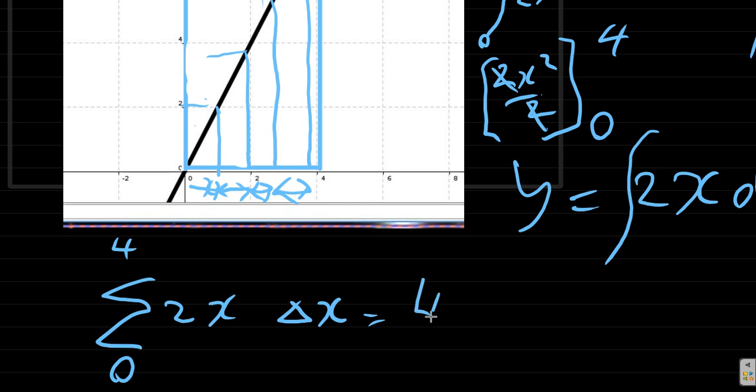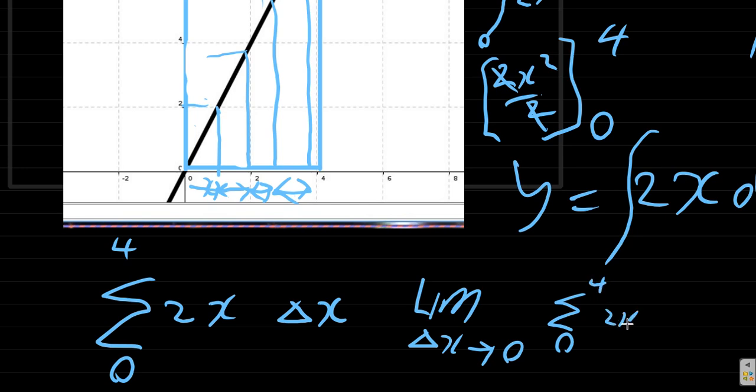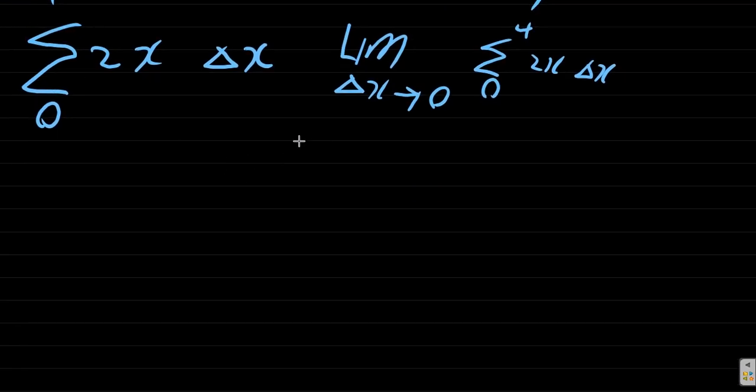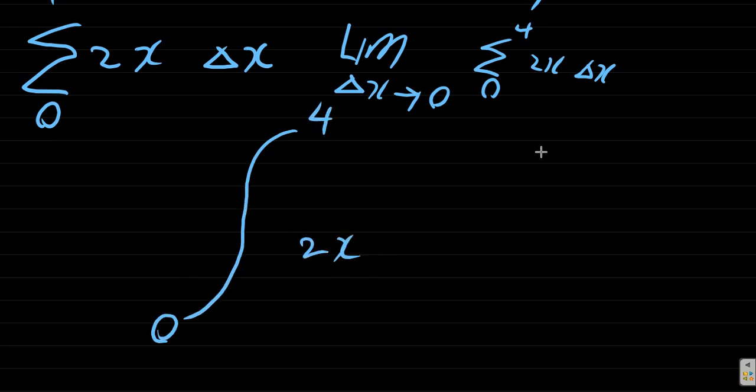We say the limit as delta x tends to 0 of the sum from 0 to 4 of 2x delta x. The way you write it is the integral from 0 to 4 of 2x, and then the delta x becomes dx. Okay?